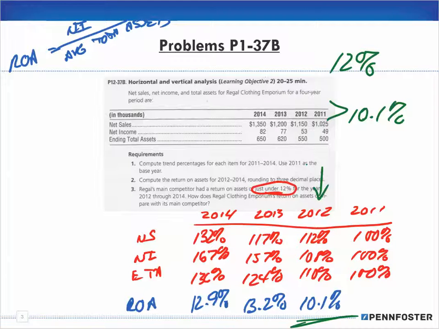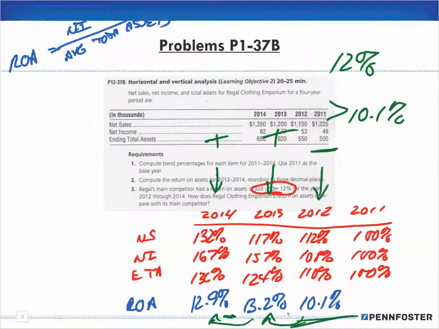So Regal underperformed in 2012, which is a negative, but in 2013 it performed better than its competitor, and in 2014 it performed better than its competitor. So the trend is that it looks like Regal will continue to outperform its competitor, even though it had a jump from 10 to 13%, and then a slight dip.